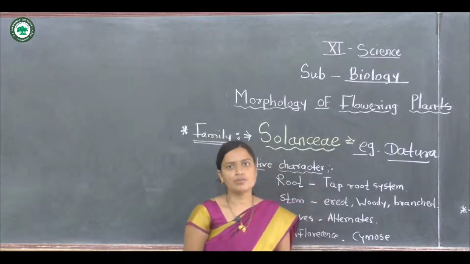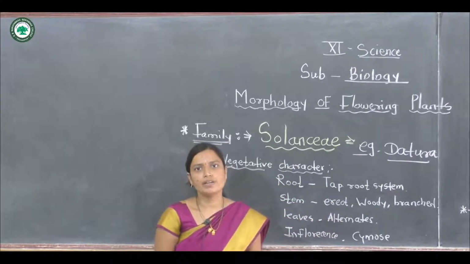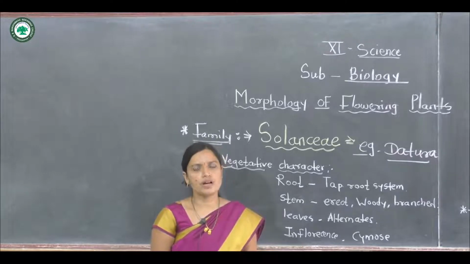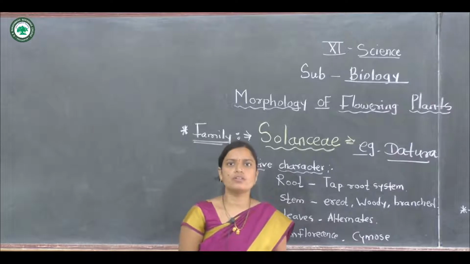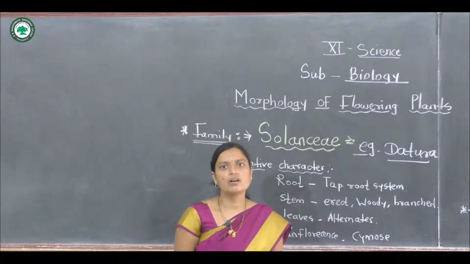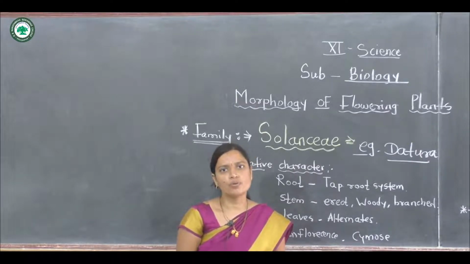You know the two types of roots, adventitious and tap roots, found in plants. Adventitious roots are mostly found in small plants or herbs and some monocot plants.